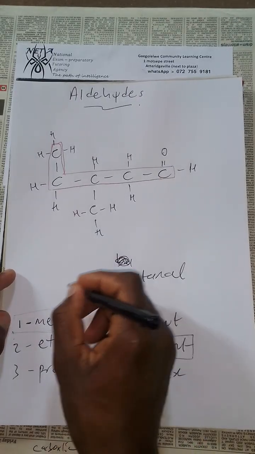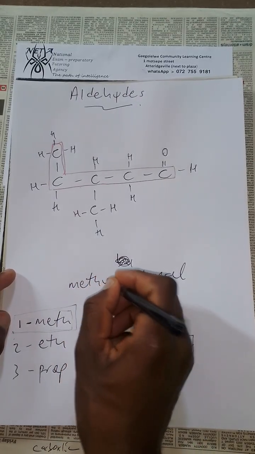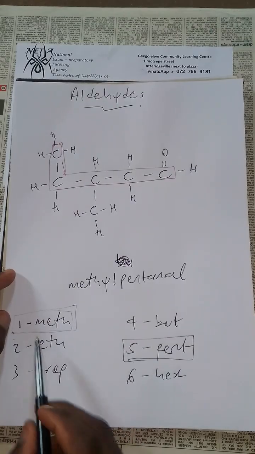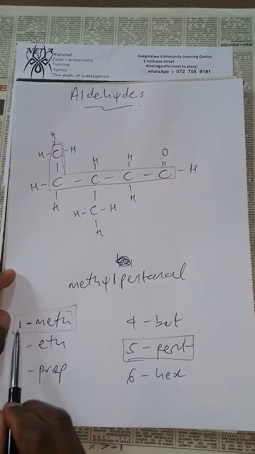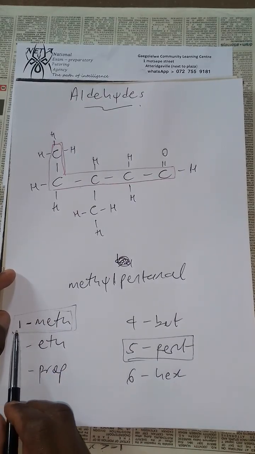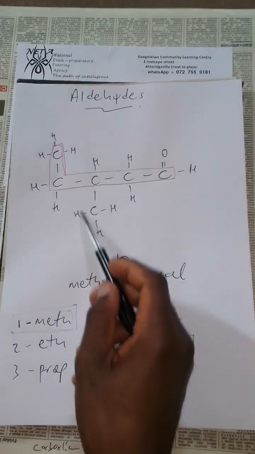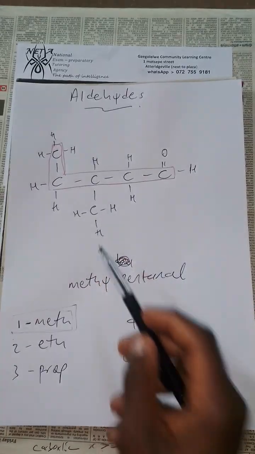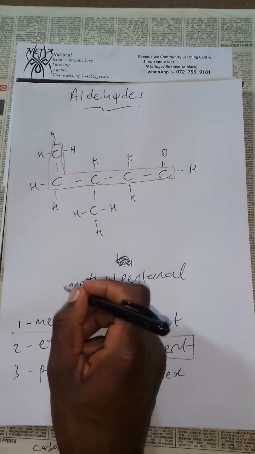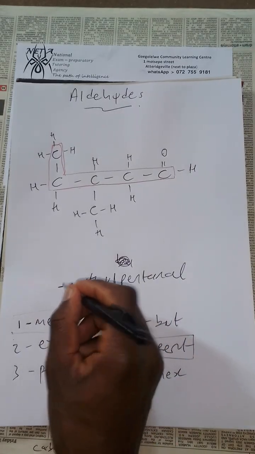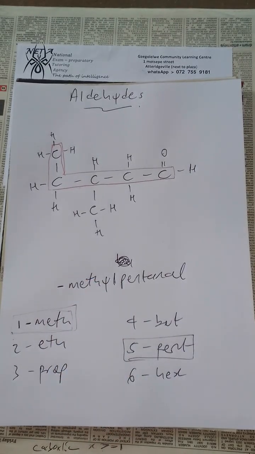And we're going to do that by saying methyl, which comes from meth, which is the indication of 1 carbon. And the position to which this branch chain is situated must also be accounted for, which means that we have to tell where in our parent chain the side chain is connected.